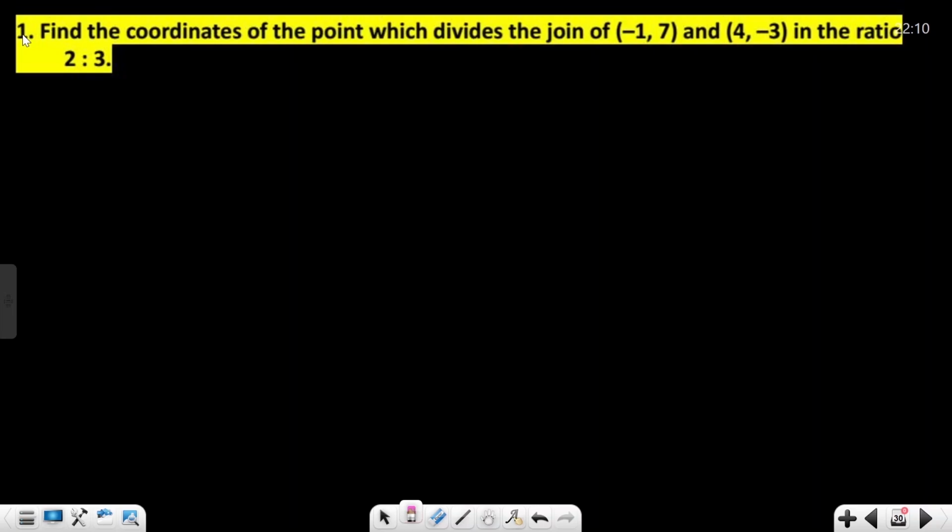Okay, now we start question number 1. Find the coordinate of the point which divides the join of two points. Okay, let's make a line so you can understand easily. Suppose it is a line with two points, point A and point B. The given point A is minus 1 and 7.